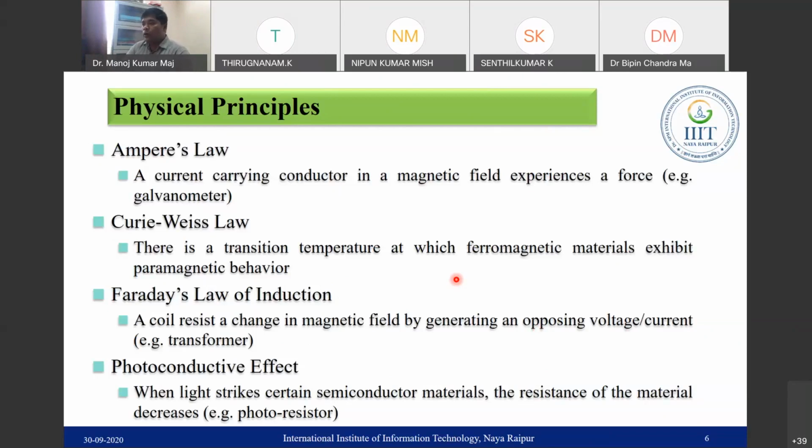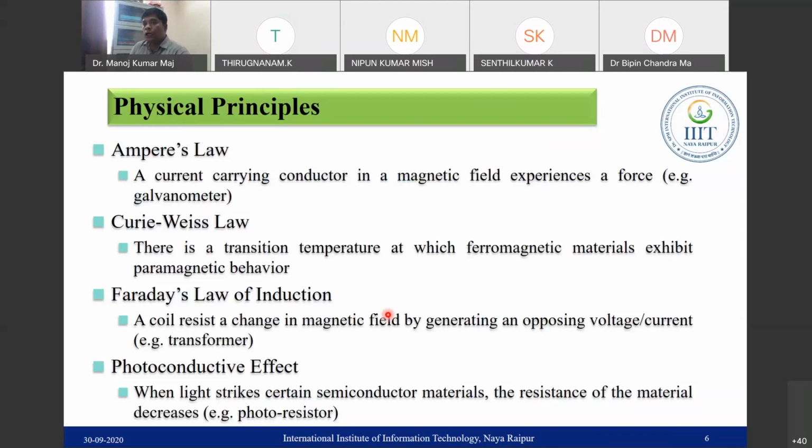First of all, there is Ampere's law. Ampere's law states that a current carrying conductor in a magnetic field experiences a force. By using this principle, we can sense the current in the case of sensors.